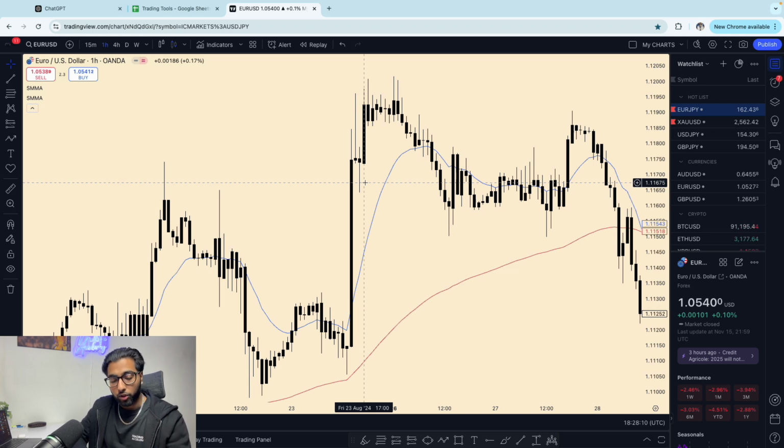Do that as many times as you can until your eyes are trained to see it. And do it for next week as well. Draw out your area of interest, draw out the break of structural points, make them correspond with your round psychological numbers, and see next week if price respects those areas, and if you can find entries and make profits at those entry points.